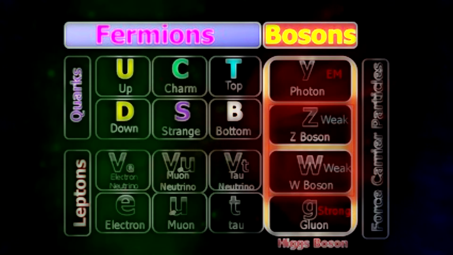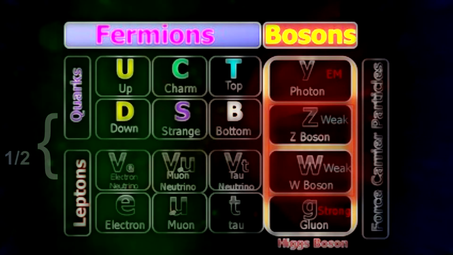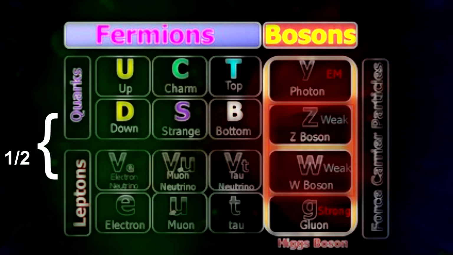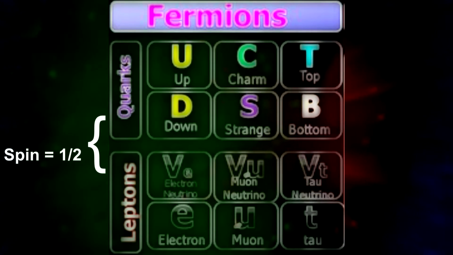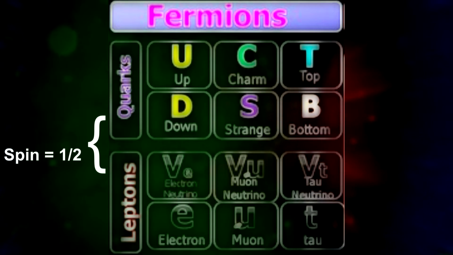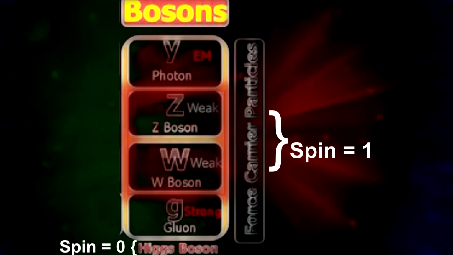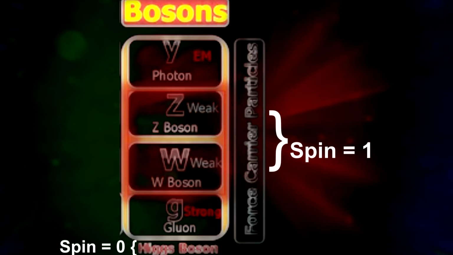Basically, all fundamental particles have a spin value to them, but luckily, you don't have to memorize too many numbers here since there are currently only 3 possibilities of spin values for a fundamental particle: 1/2, 1, and 0. All fundamental particles that have a spin value of 1/2, which are quarks and leptons, are classified as fermions, which leaves fundamental particles that have a spin value of 1 or 0 being classified as bosons.